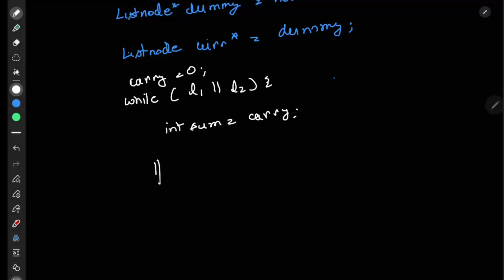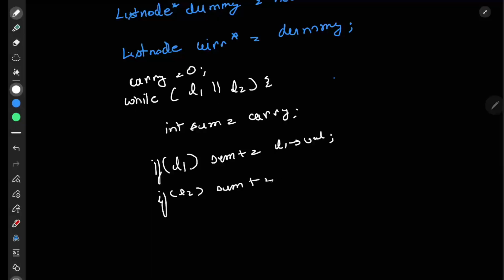And we can have a statement here. If our L1 pointer is not null, then we can safely append the L1's value, and we can do the same for L2. Sum plus equals L2 as well, right?